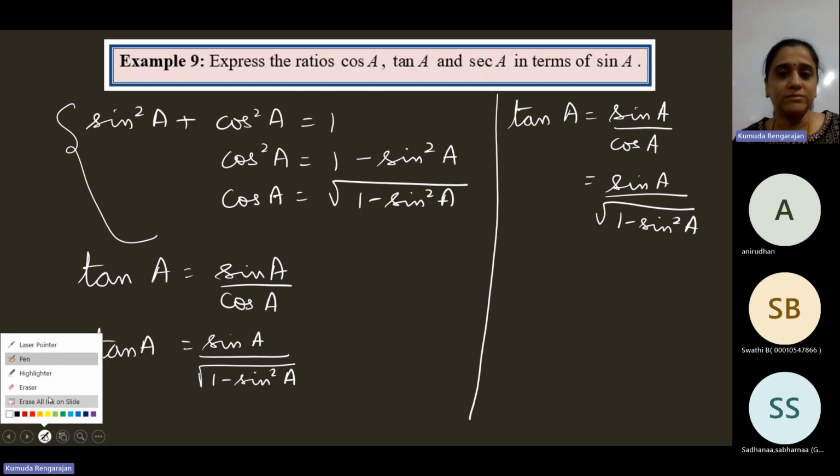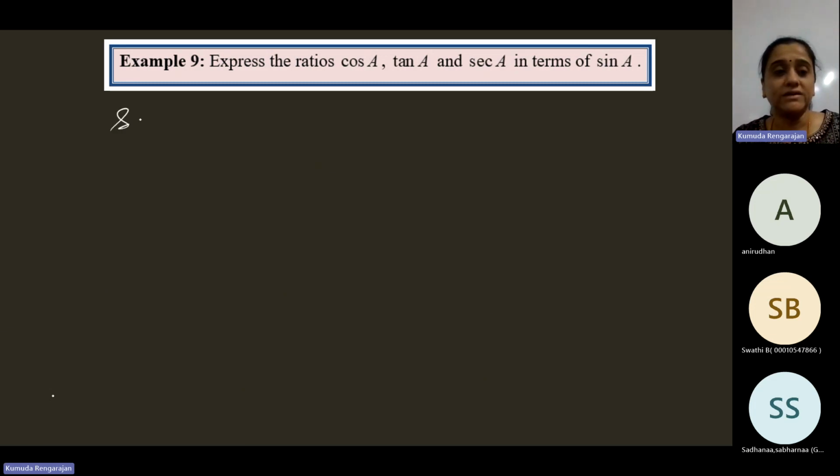Next, secant in terms of sine. Now, what is the reciprocal of secant? Cos, no? So you can also write a relation between cos and sine. We have to write secant in terms of sine, no? To answer this, how do we start?